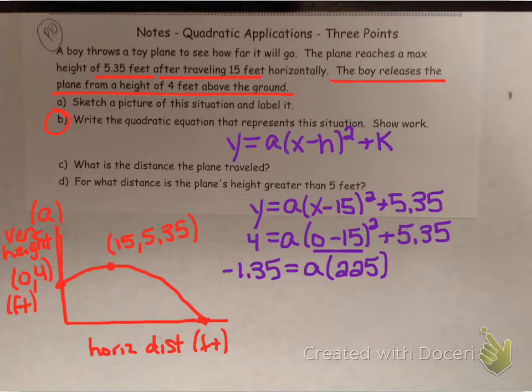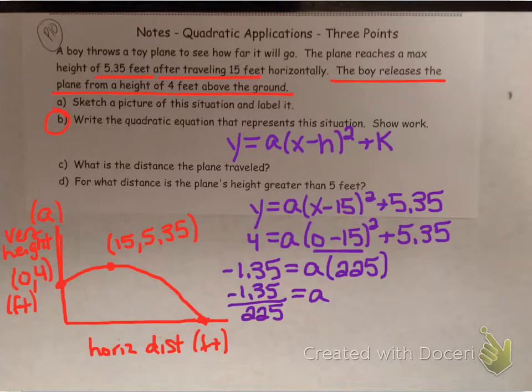And then I divide over 225. Okay. Now, at this point, what I would suggest that you do is go ahead and plug it in your calculator. We don't typically mix decimals and fractions.